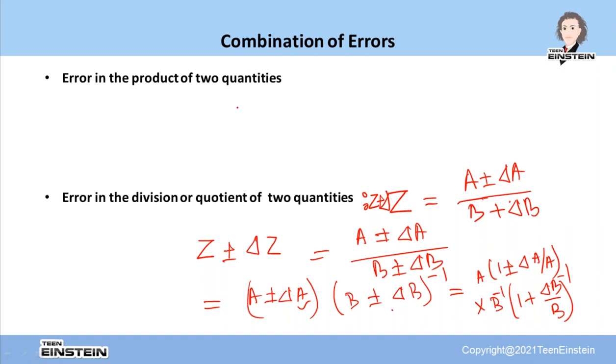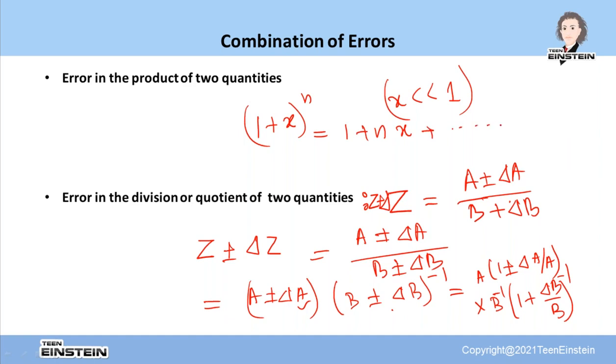Okay, since I have small space here, I'll just use this part also. So if you have 1 plus x whole to the power n, where x is much less than 1, you might have already learned in power series expansion, you can write 1 plus nx up to first approximation.